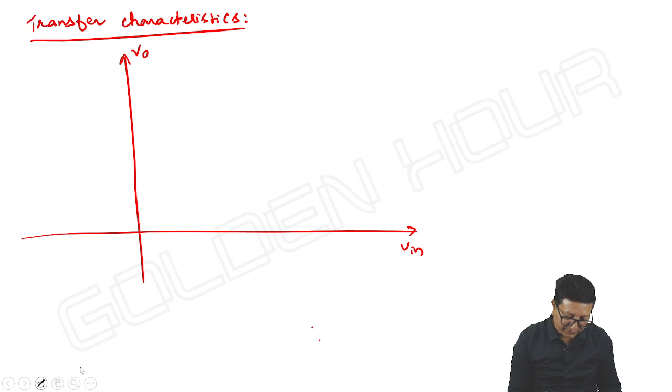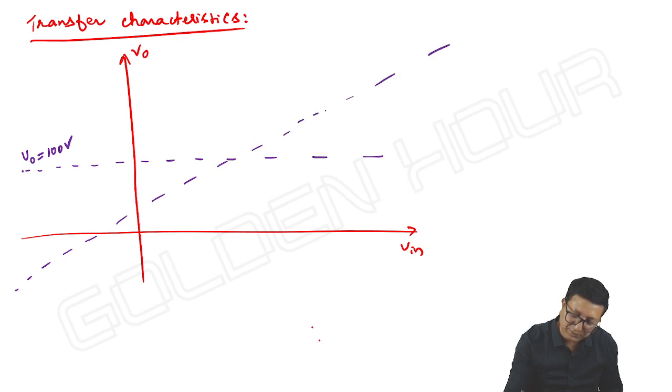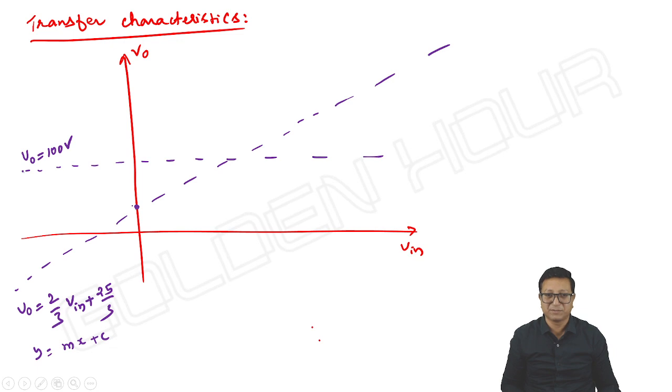One graph is V output equal to 100 volts, and another is V output equal to 2 by 3 V input plus 25 by 3. It is similar to the equation y equals mx plus c. The intercept on the y-axis is positive. It is like 8.33.